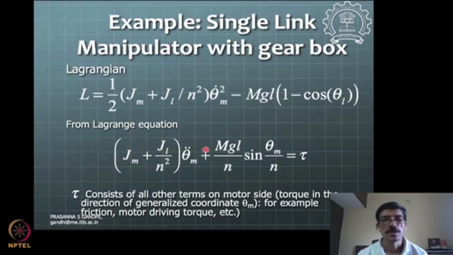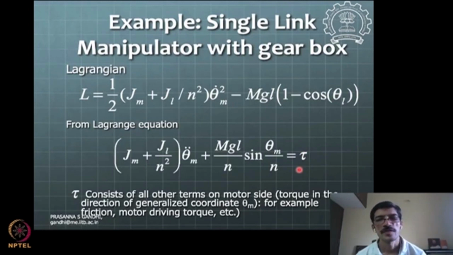The inertia torque is considered, but damping, for example, is not considered here. Those are things one can incorporate into these external forces in the direction of the motor generalized coordinate, or in the direction of theta m. Those forces will come, incorporate them, and then you may be able to get the complete equation. And this can be integrated with, for example, our motor equations.